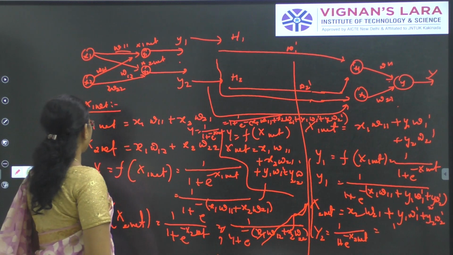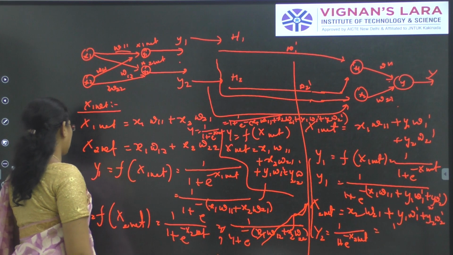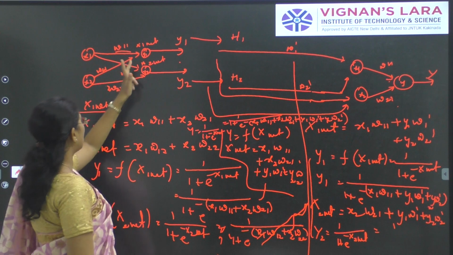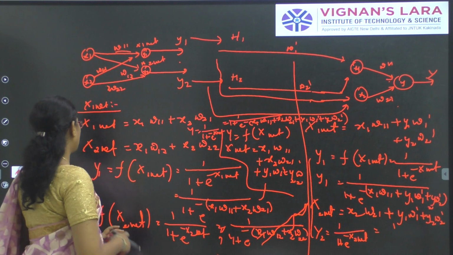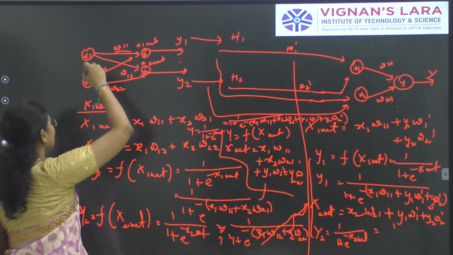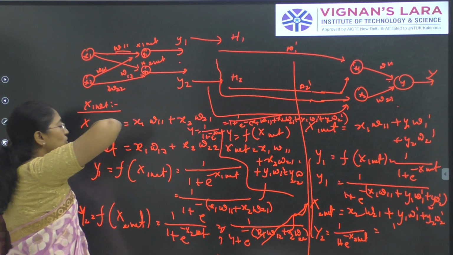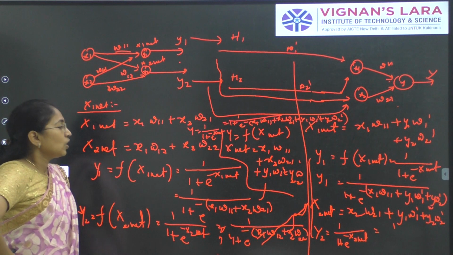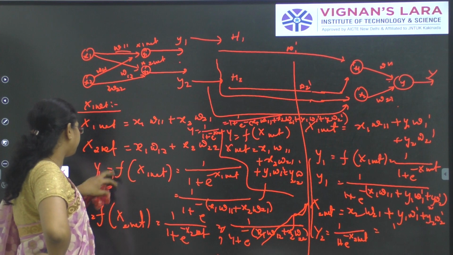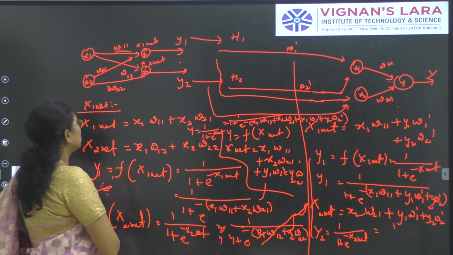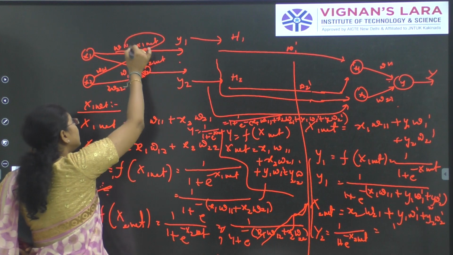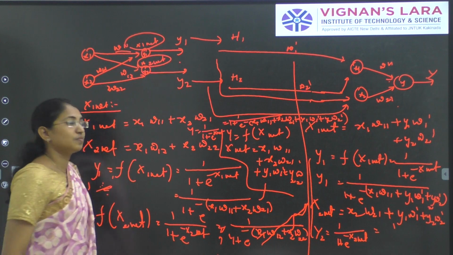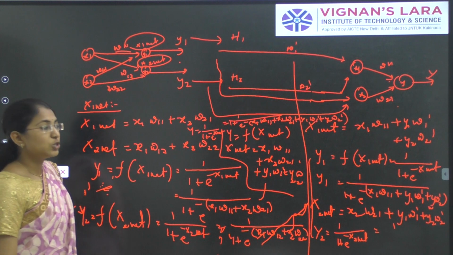The same way, x2 is sent as one of the inputs through w21 to the first output, and x2 is sent through a weight of w22 to the second output. After passing this, you are going to find x1 net and x2 net. What is your x1 net?